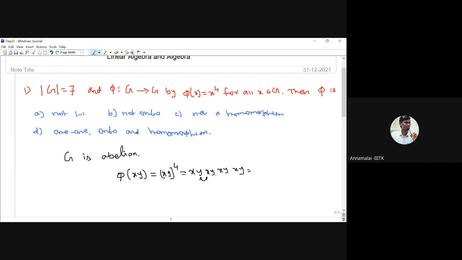Again, you can interchange y and x everything, so we can get x power 4 y power 4 because G is abelian. Otherwise you are not allowed to interchange the elements. So x power 4 is nothing but pi of x, and y power 4 is nothing but pi of y. Therefore pi of xy equal to pi of x into pi of y. Therefore pi is homomorphism.